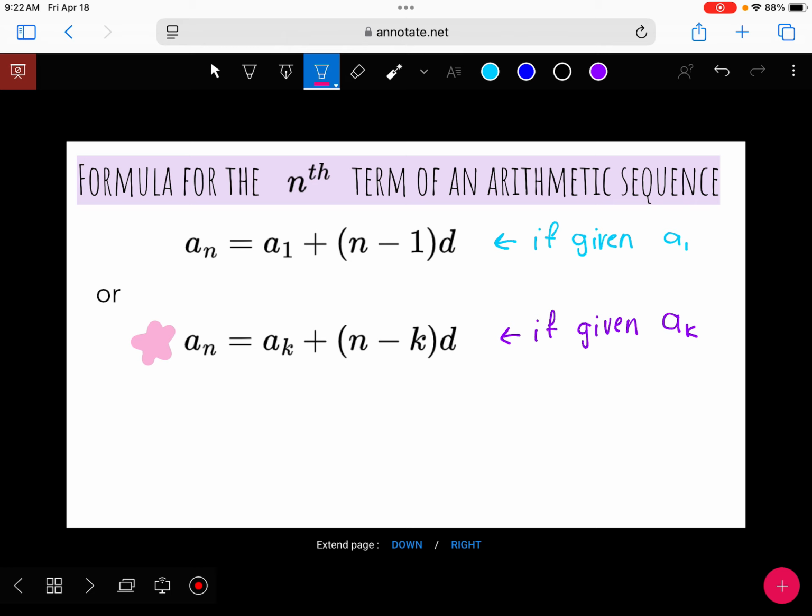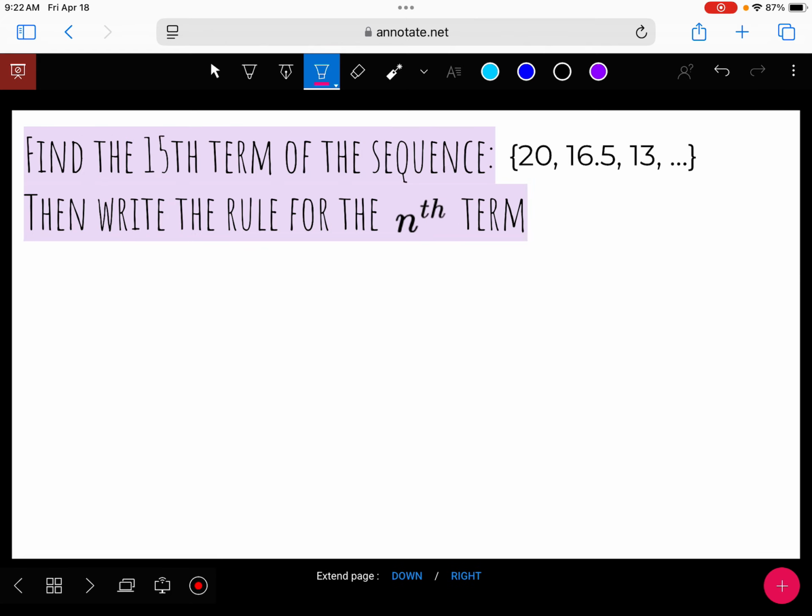But we want to have these. I'm just giving us a second. Okay. So this is that same one we just looked at. The 20, the 16.5, and the 13.